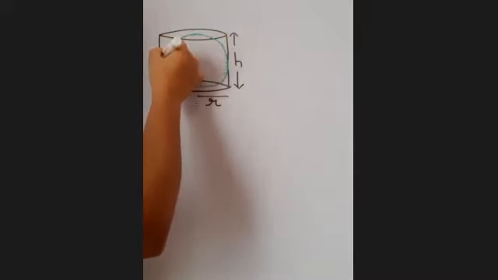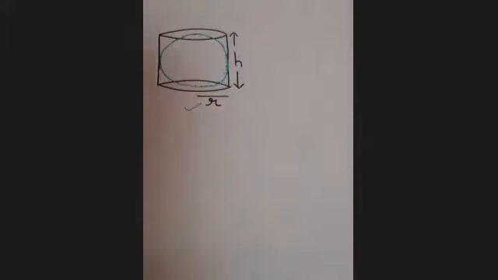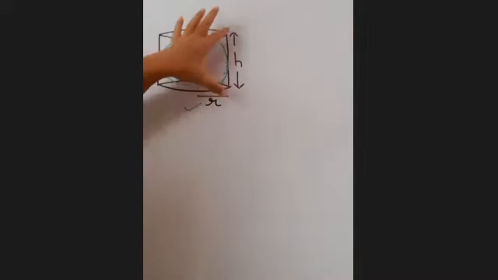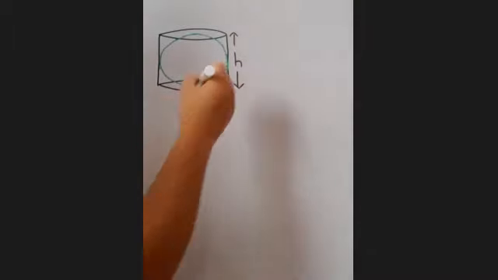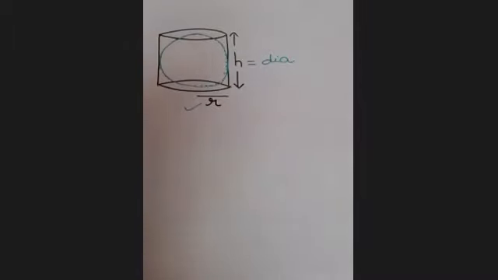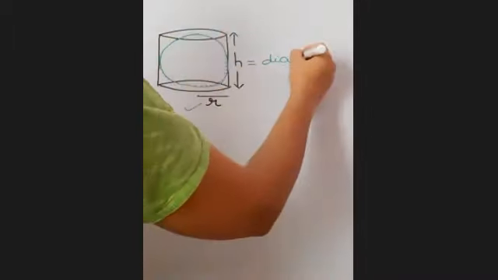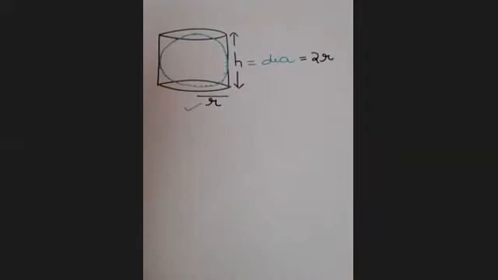So what is the conclusion? The radius is the same. And from the figure, what is the height of the cylinder equal to? Is it equal to the diameter of the sphere? Diameter. Diameter is twice the radius.